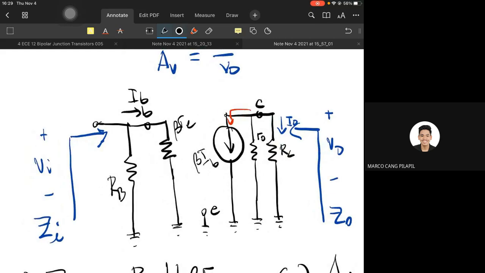Notice here, VI is equal to IB, the current flowing through the base, times beta RE. VI is IB beta RE.